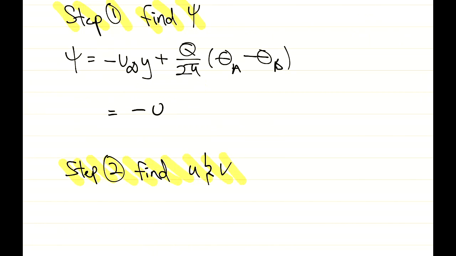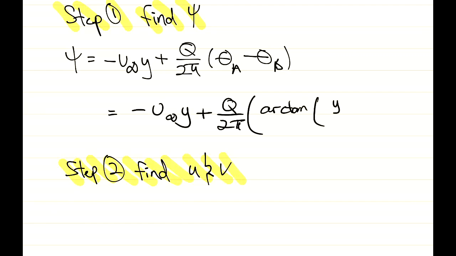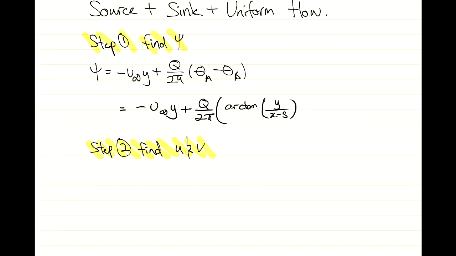So negative U infinity y, that's our free stream or uniform flow, plus Q over 2 pi, arctan of y over x minus s, minus arctan of y over x plus s.